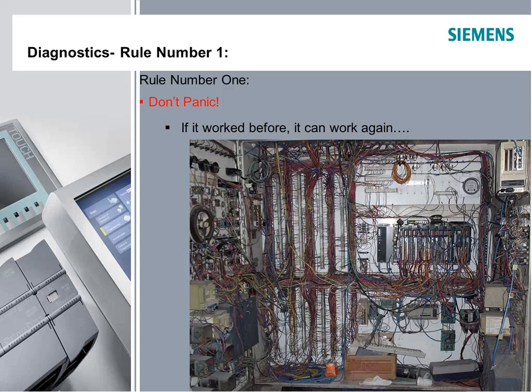Along those lines, don't panic. If it worked before, it can work again. Here's a picture of, boy, if we walk into this one, we might question that rule. But over time, machinery in certain plants can see a long parade of different undocumented repairs, added functionality and Band-Aids, and you can end up with something that looks like this.